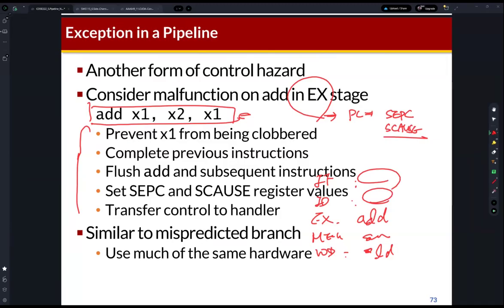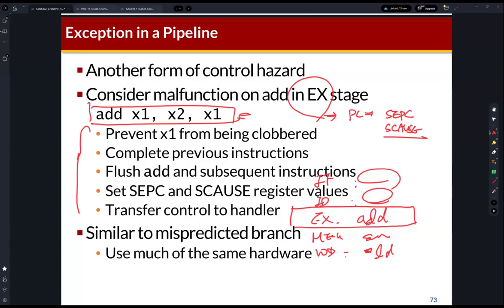The CPU detected that, for this add instruction, an unexpected event is detected. So this add instruction has some problems, and these issues need to be handled by the exception handler.